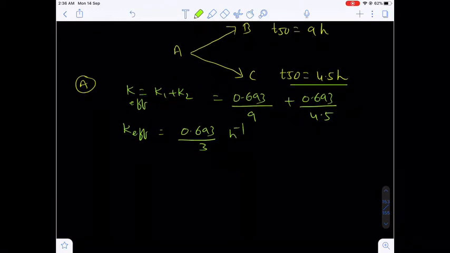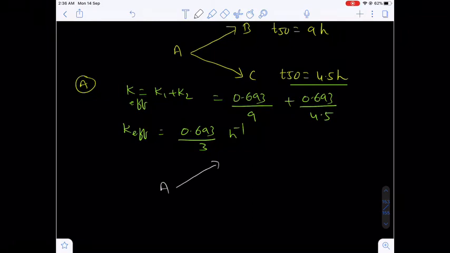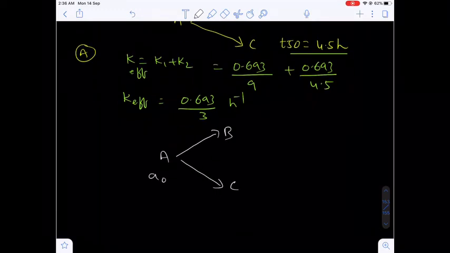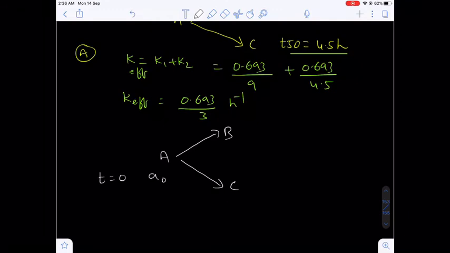So that's why I am taking the initial concentration of reactant A as A naught. Let's suppose at a certain time interval t, x moles of B are formed.